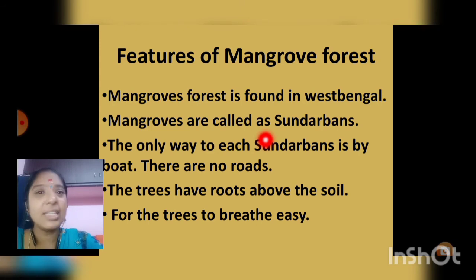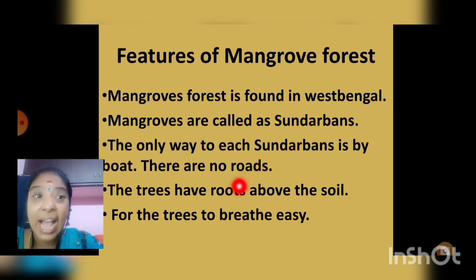Sundar means beauty, so Sundarbans means a very beautiful forest. The only way to reach the Sundarbans is by boat. There are no roadways. So only by using boats can you reach the Sundarbans, which is nothing but mangrove forest.